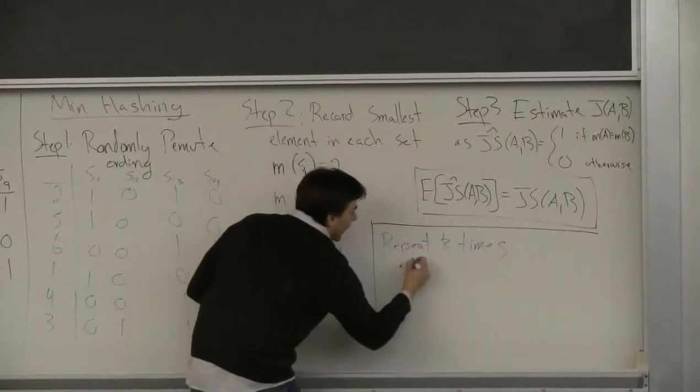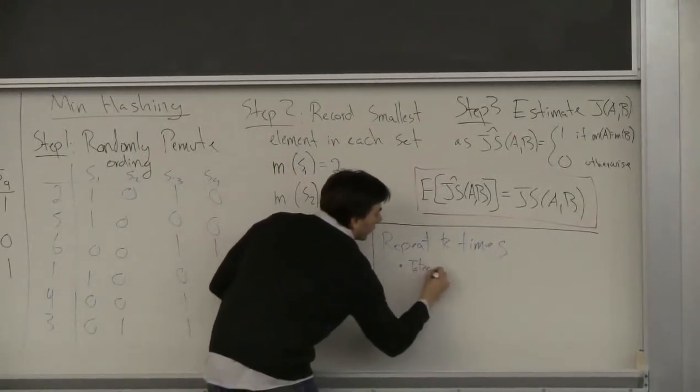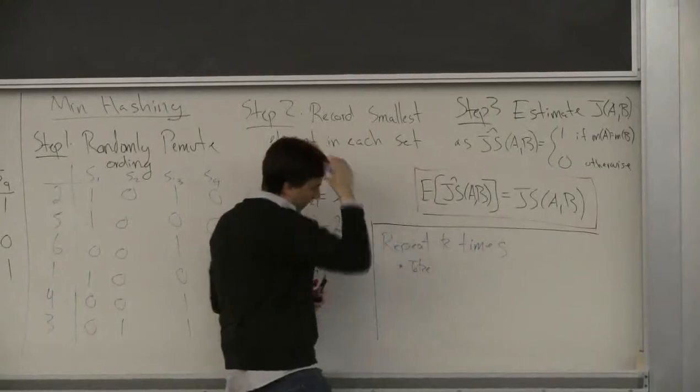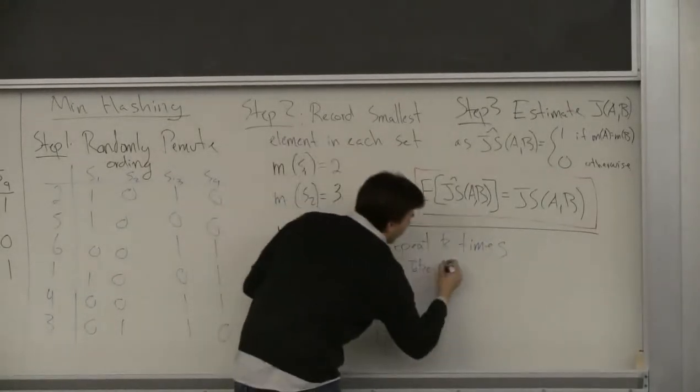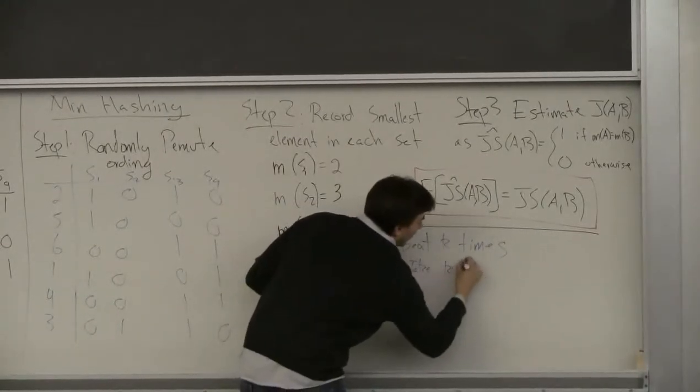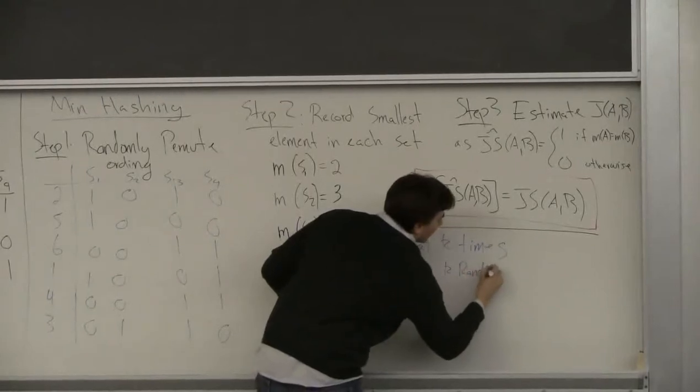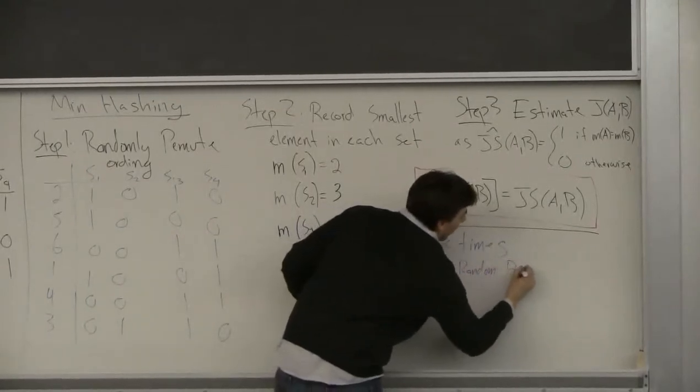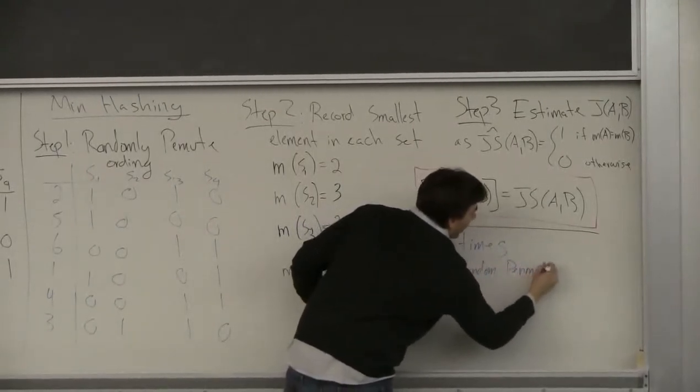So that means we're going to take k random permutations.